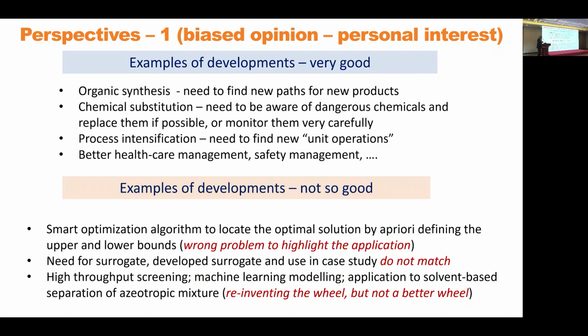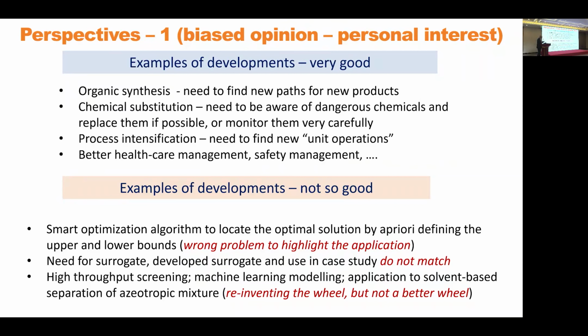Another one was need for surrogate. They said very good need, high pressure, temperature, all kinds of things. They developed the model, but the case study was at 1 atmosphere, limited temperature difference, almost ideal conditions. I didn't need the surrogate for that. The original model did not have to be PC-SAFT and things like that.